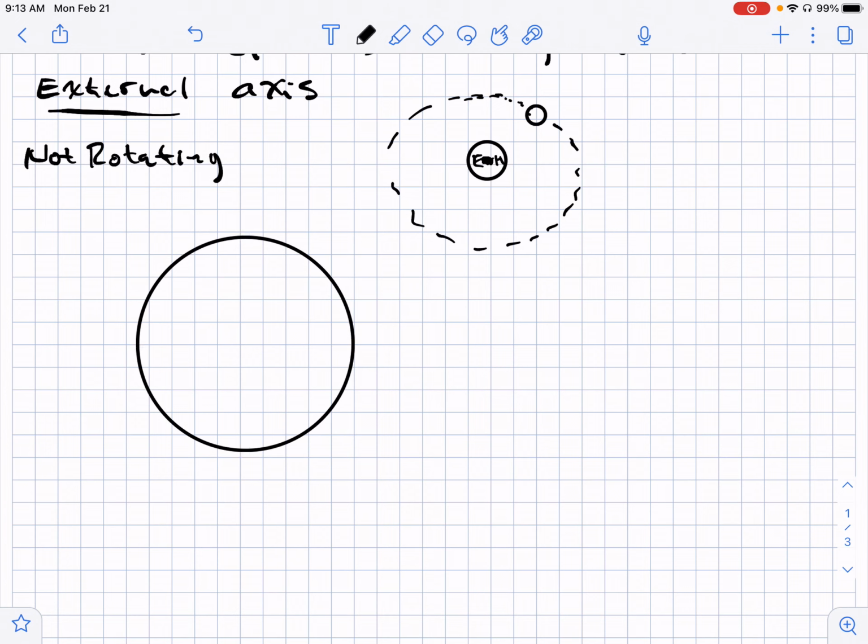Right now we're just talking about horizontal circles. We'll get into vertical circles in a little while. So this is kind of like a top view. We're looking down at this ball that's being swung around in a horizontal circle.